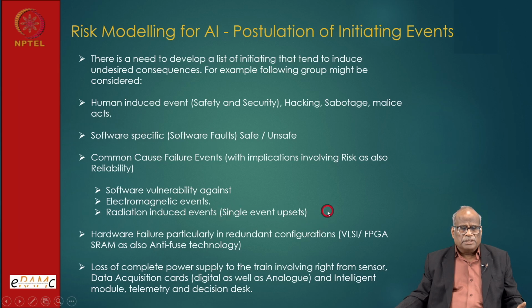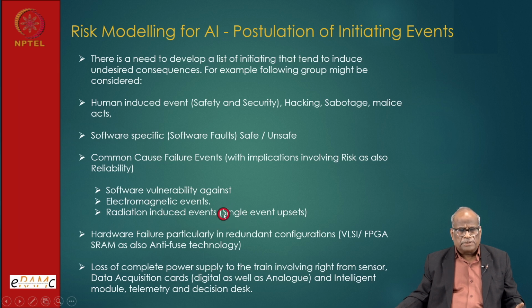If you put some chip, the chip signal will change for a moment and it will come back. Suppose some action got initiated because of this, then it could have consequences. So single event upset is a very important point, especially when FPGA came into existence.